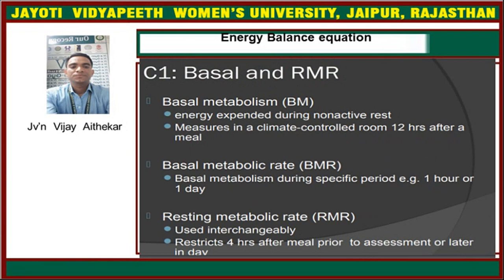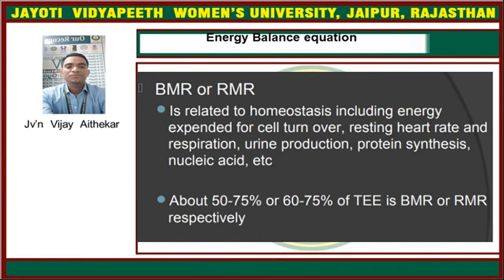Basal and resting metabolic rate, BMR and RMR, are related to homeostasis, including the energy expended for cell turnover, resting heart rate, urine production, protein synthesis, nucleic acid synthesis, etc. About 50 to 75% or 60 to 75% of TEE is BMR and RMR respectively.